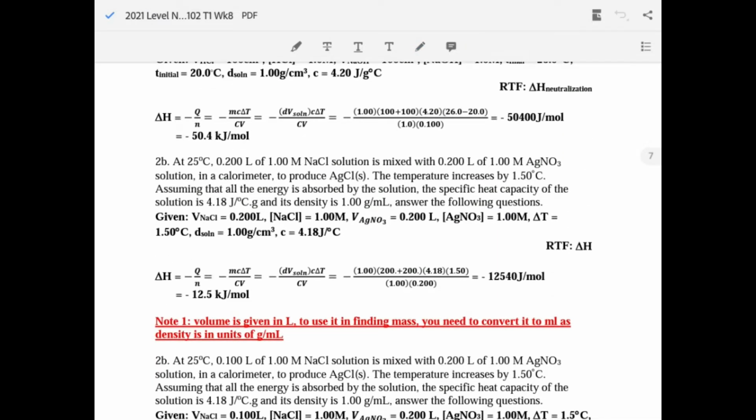Now for part B, NaCl is mixed with AgNO3, so they asked to find the temperature, not the temperature, the specific heat capacity. So you can just use Q equals mc delta T, because you have this value, and you have to combine it with AgCl.